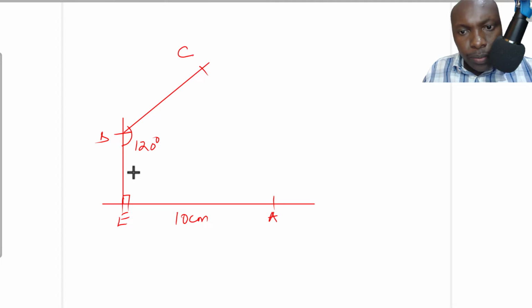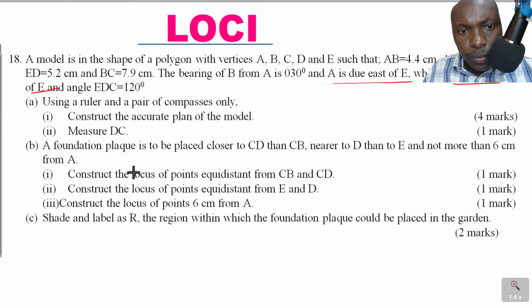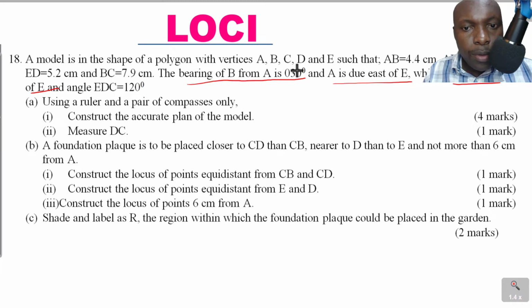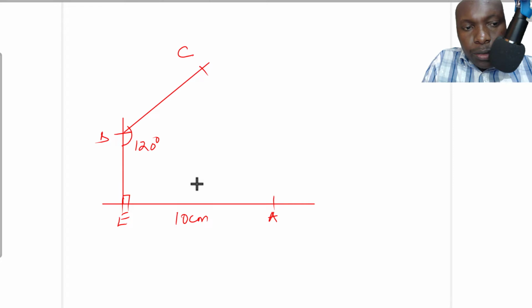Then the bearing is this part. The bearing of B from A is 030 degrees. From A here, you can construct a true north.